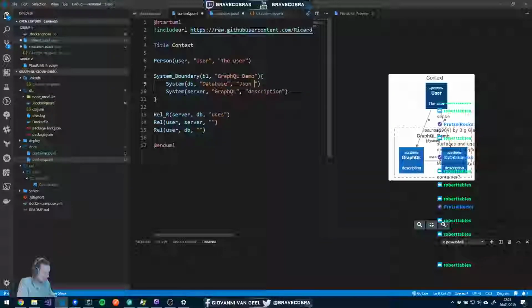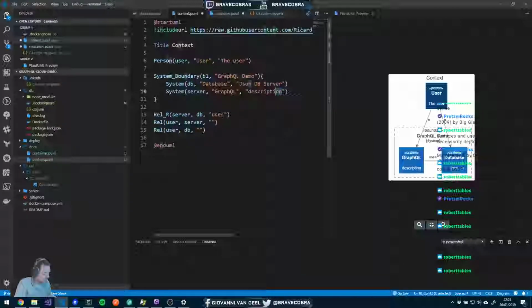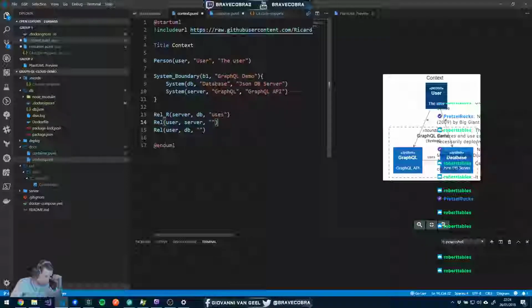So let's add some more descriptions to these. So this is going to be the GraphQL API, something like that. Yeah, that looks better.